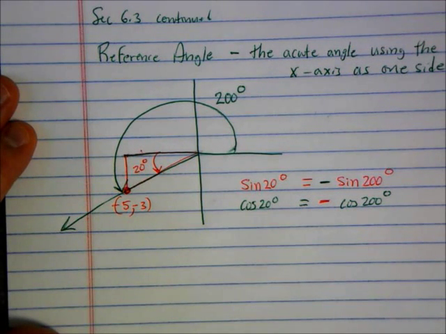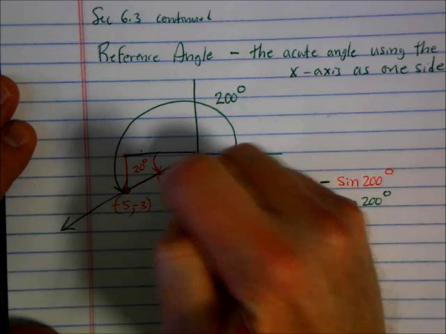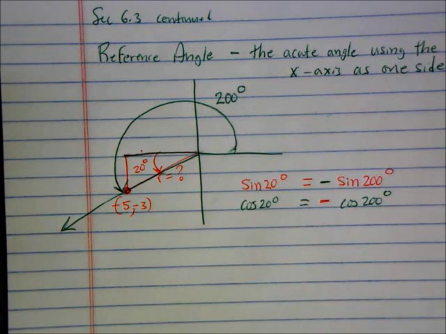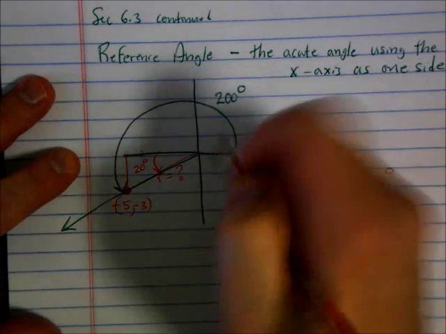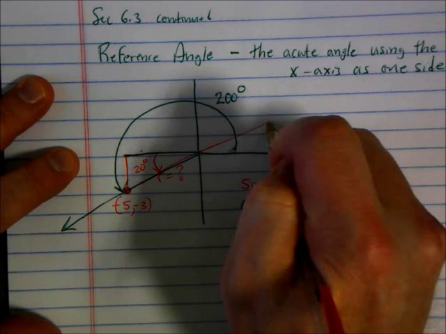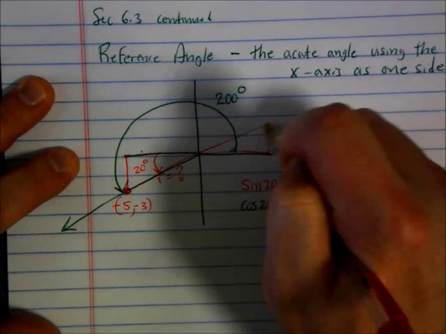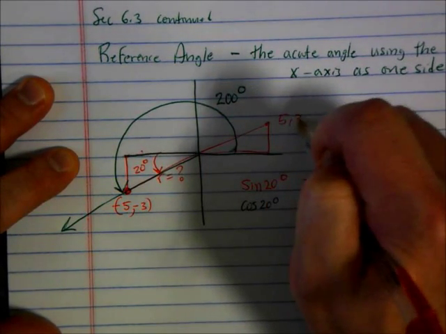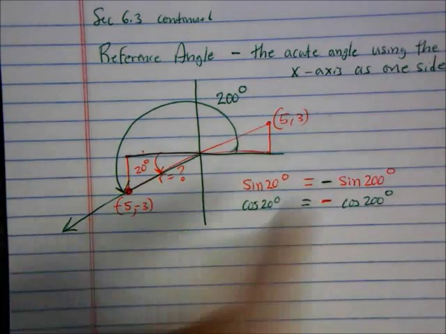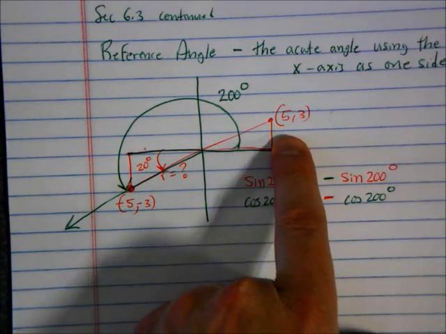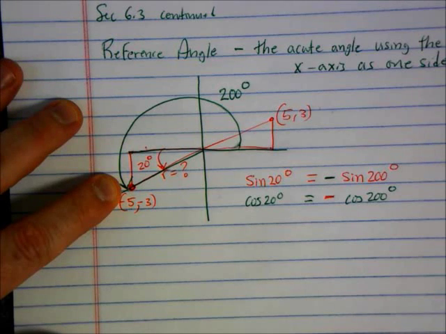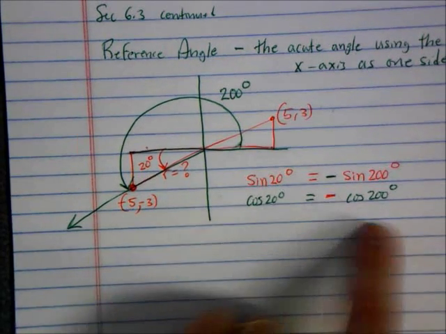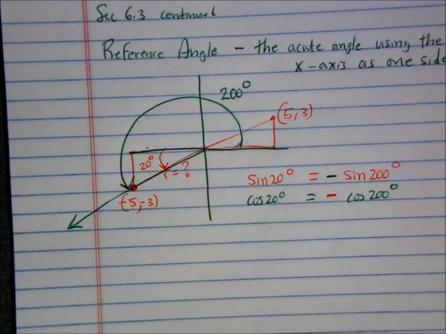Okay. And then the radius would be something, we would figure it out. So, this 20 degree angle really lives over here. It's going to have this point, 5, 3. So all of its values are going to be positive, but over here when I'm doing sine and cosine, I'm going to get negative answers. So they're going to be exactly the same, just one's going to be positive and one's going to be negative.